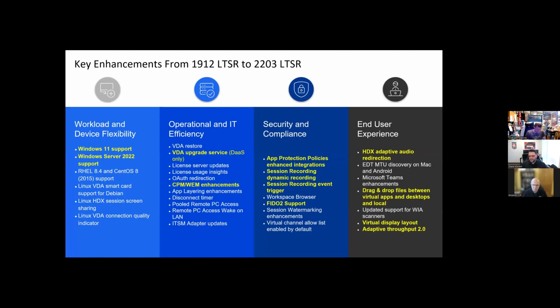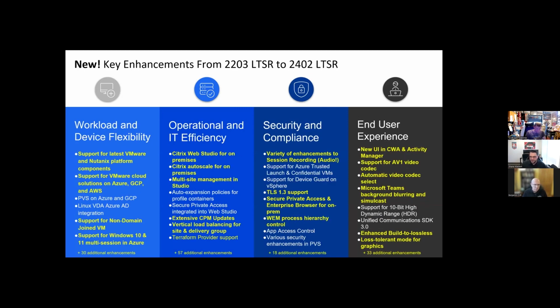So can't really talk to all these, but just know if you're on 1912, you're looking at Windows 11 support, 2022, massive improvements with Citrix profile management, WEM, app protection, session recording, drag and drop, which we've been asking for years, adaptive audio, etc. So you get all that, plus what you have from going from 2203 LTSR up to 2402, where Web Studio is probably your biggest one there.